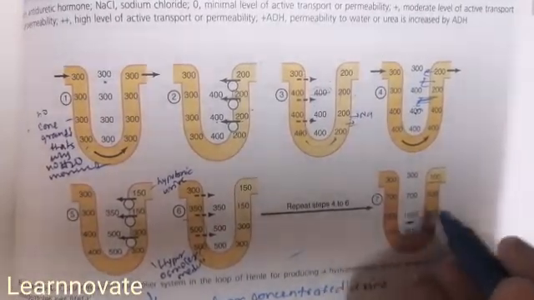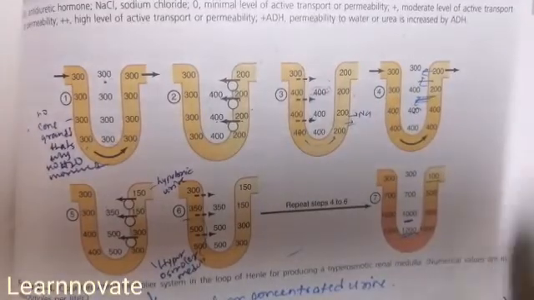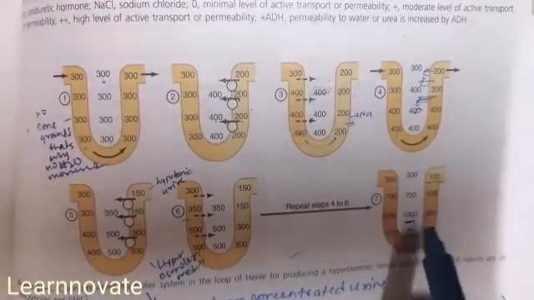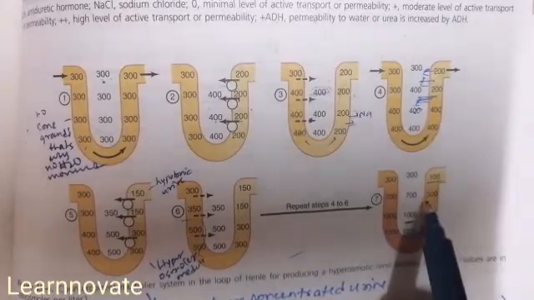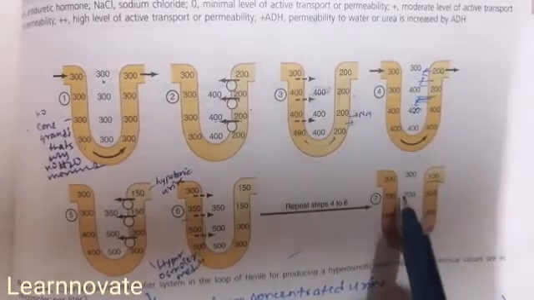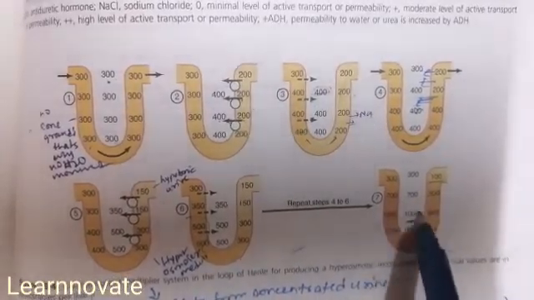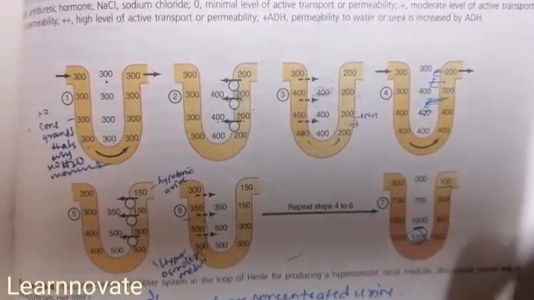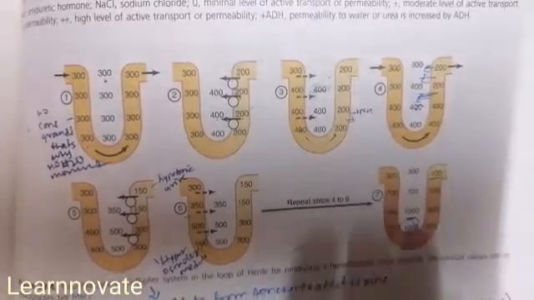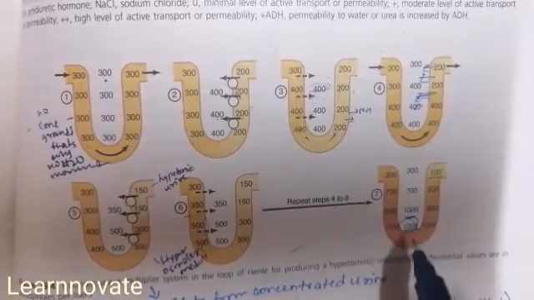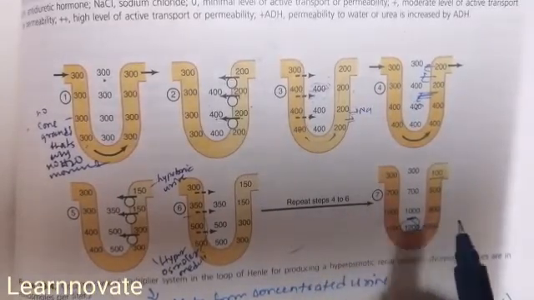Why? Because more and more solute is reabsorbed from the ascending part of the loop of Henle into the medullary interstitium, so more and more osmolarity is created there. Finally, an osmolarity of 1200 to 1400 milliosmol is created, and this is the formation of the hypertonic medulla by the loop of Henle.